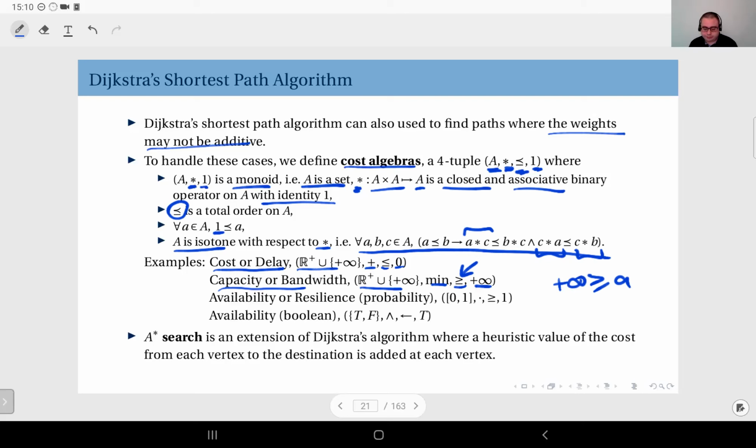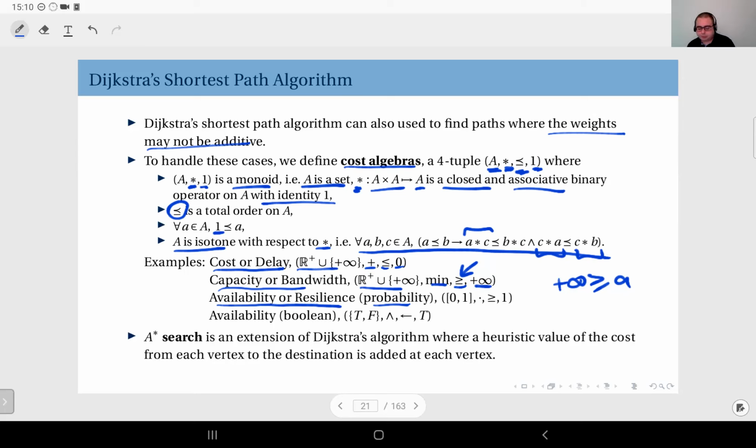Another example is availability or resilience in terms of probability. For instance, you have assigned probabilities to each link in a communication network so that the probability indicates the probability of, let's say, a communication packet correctly delivered over that channel.